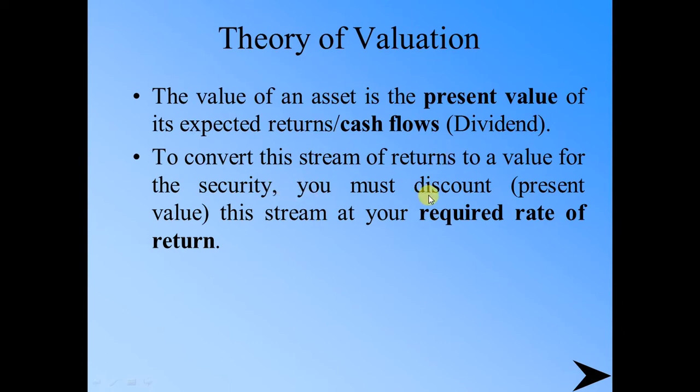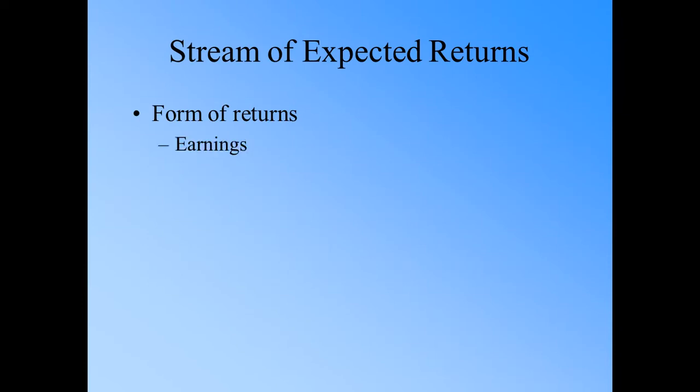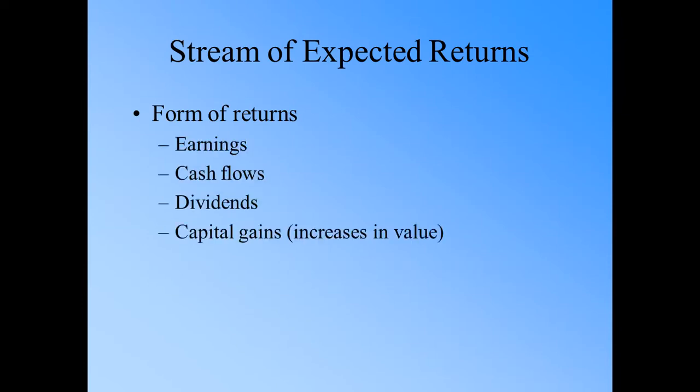For this purpose, you must discount this stream at your required rate of return, which we call the required rate of return on equity. So the stream of expected returns is in the shape of cash flows: dividends, earnings, and capital gain.